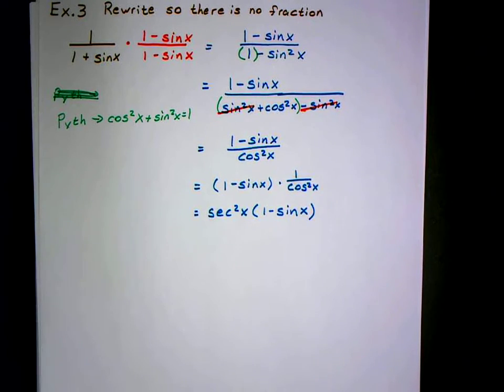So now my fraction is gone. Remember, that was my only goal. It looks worse, but the point of this actually has to do with calculus, because when we're integrating, sometimes it's easier to integrate whenever we don't have a fraction.